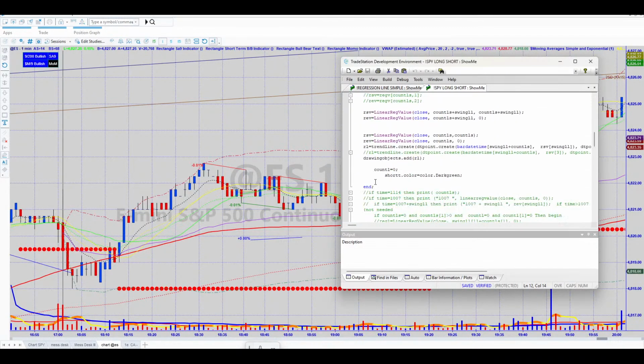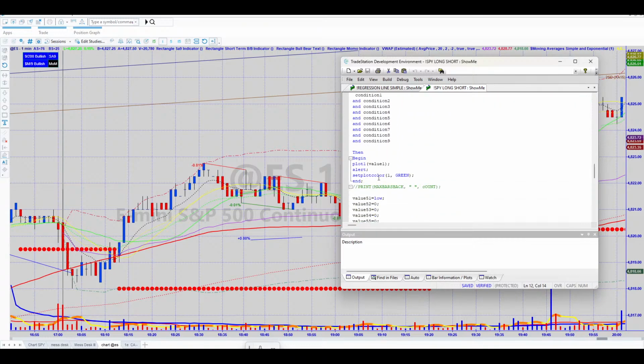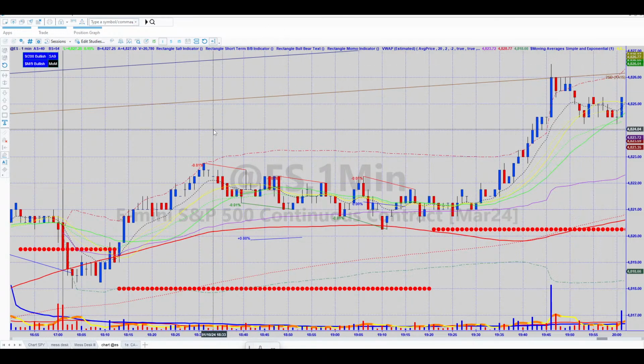I did eventually figure out how to make the loop end correctly. However, trying to draw a trend line, a regression line, I wasn't able to get it done successfully.